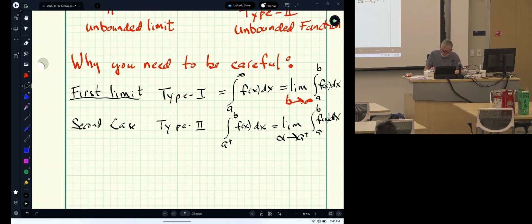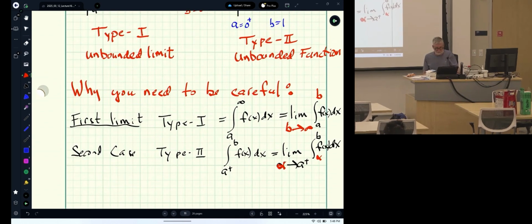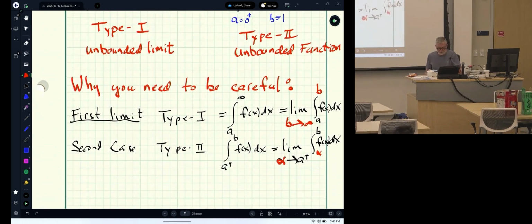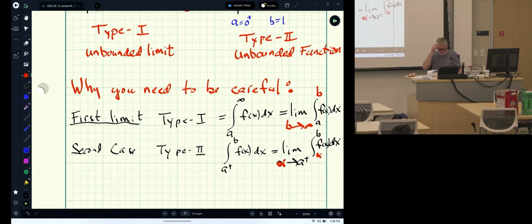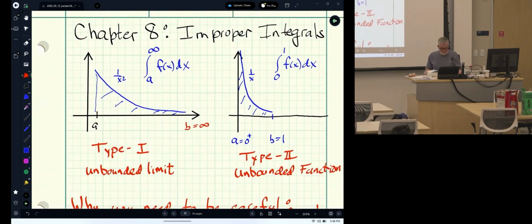Whoops, that's an alpha down here. So that's a b, that's an alpha. Okay? These things really have to be evaluated as limits.